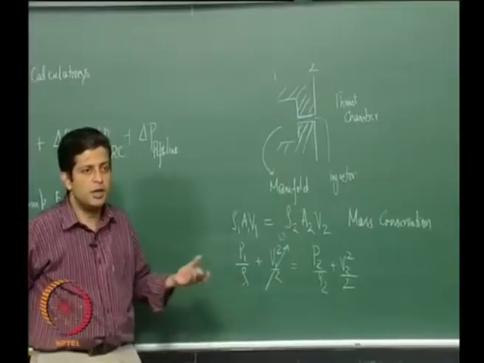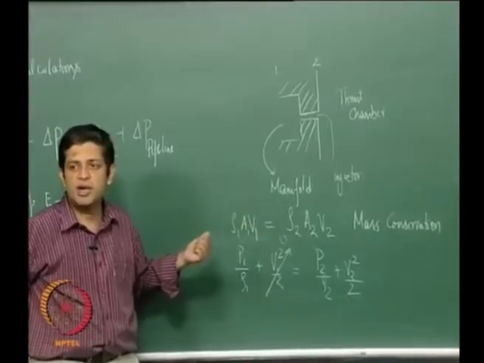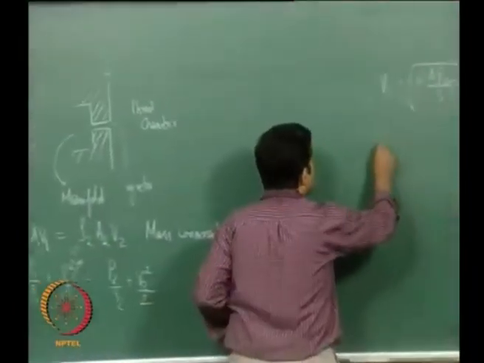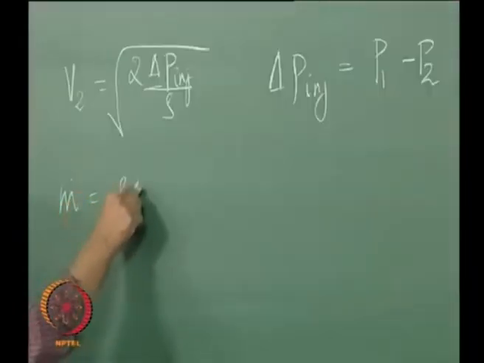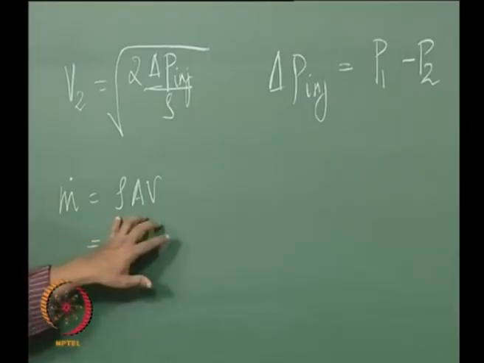Now, we know the velocity, we need to calculate the mass flow rate. So, mass flow rate is given by m dot is equal to rho AV, right. In this case rho 2 A2 V2, fine. But what can you say about this?